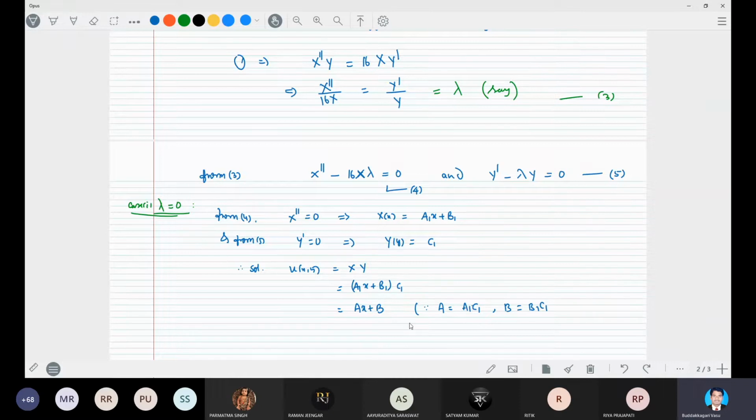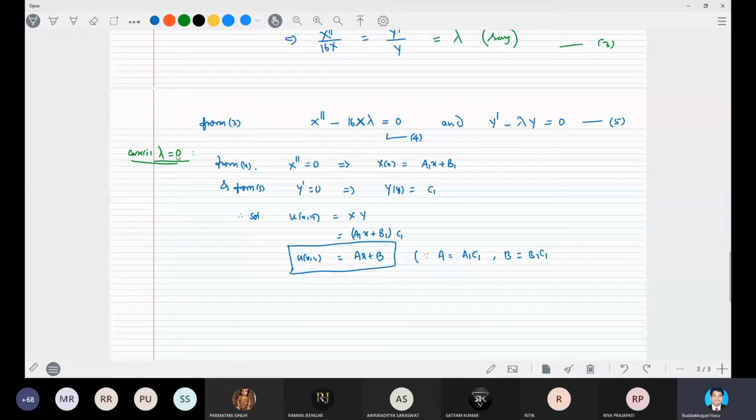Now a1 c1 is also a constant that we assumed. So for lambda is equal to 0, the solution will be of the form Ax plus B, where A, B are arbitrary constants.